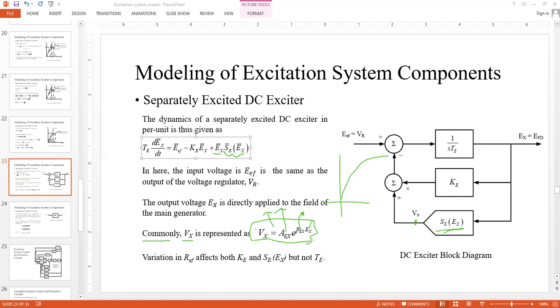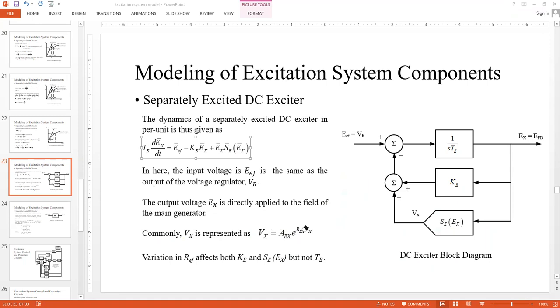So it's pretty logical to include some exponential relationship here to represent this nonlinearity of the saturation function, or the dependence of saturation on the operating point EX. So it's represented by some exponential function. And once we can do that, then simply we can take the linearized form.